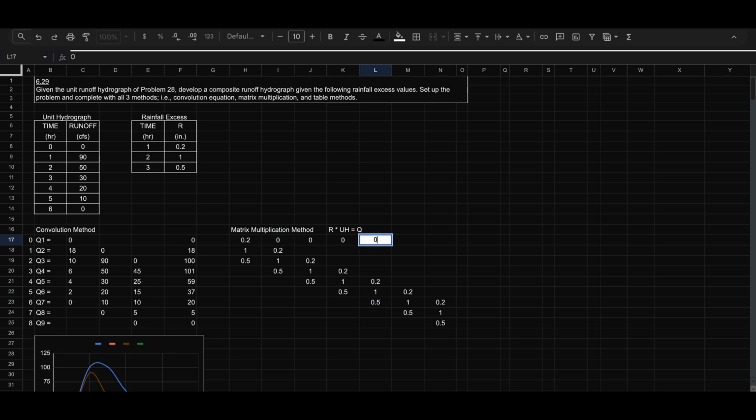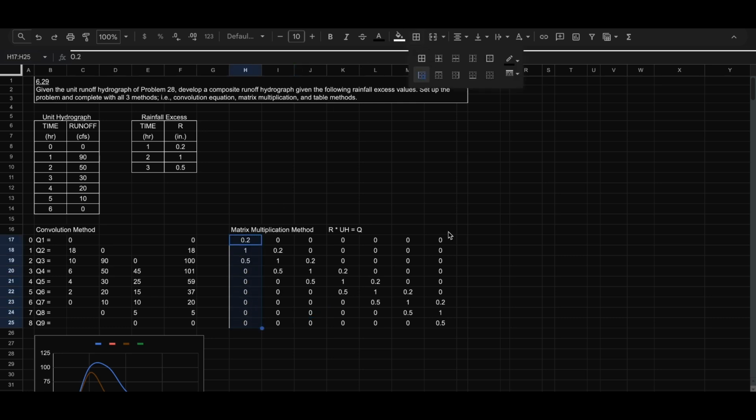I don't know if Excel already takes them as zeros once you multiply the matrices, but let's do it also for the purpose of visualization. Okay, so we have the rainfall excess matrix.